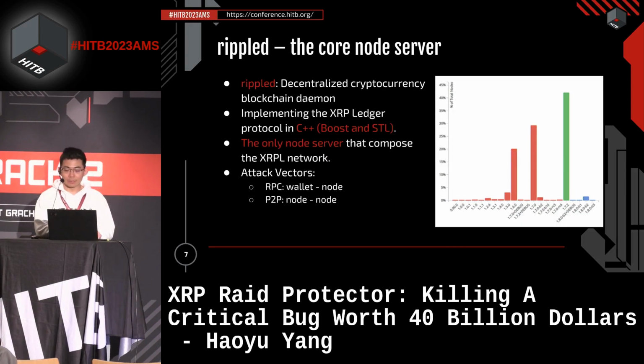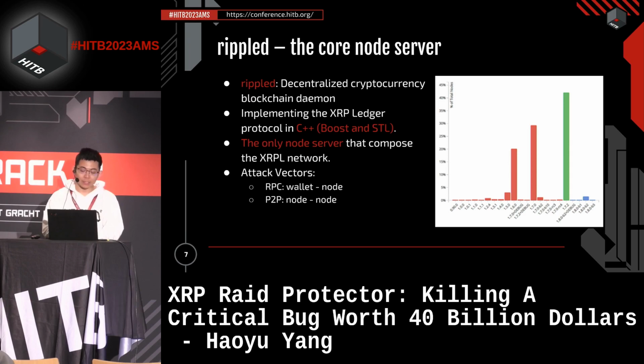Rippled is the node server program of XRPL. It's written in C++ with heavy use of Boost and STL. It's the only server implementation that composes the XRPL network. The C++ implementation attracted me to see if there is any source of memory corruption vulnerabilities in it.